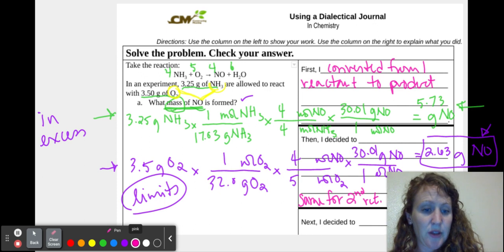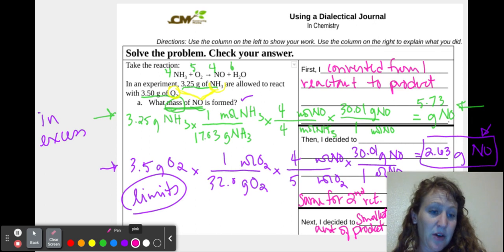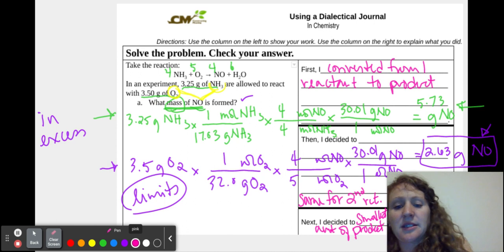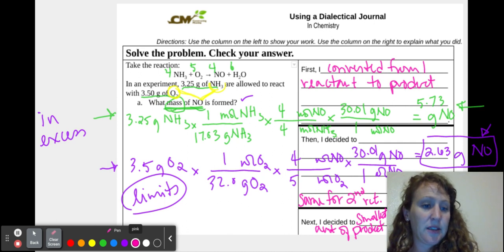So we're looking for the smallest amount of product. The smallest amount of product is what can actually be made. That's going to be your theoretical yield.